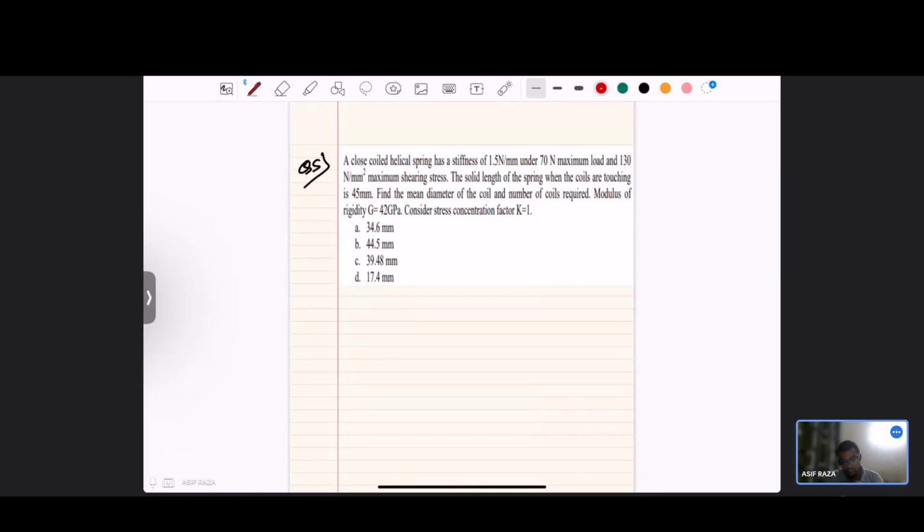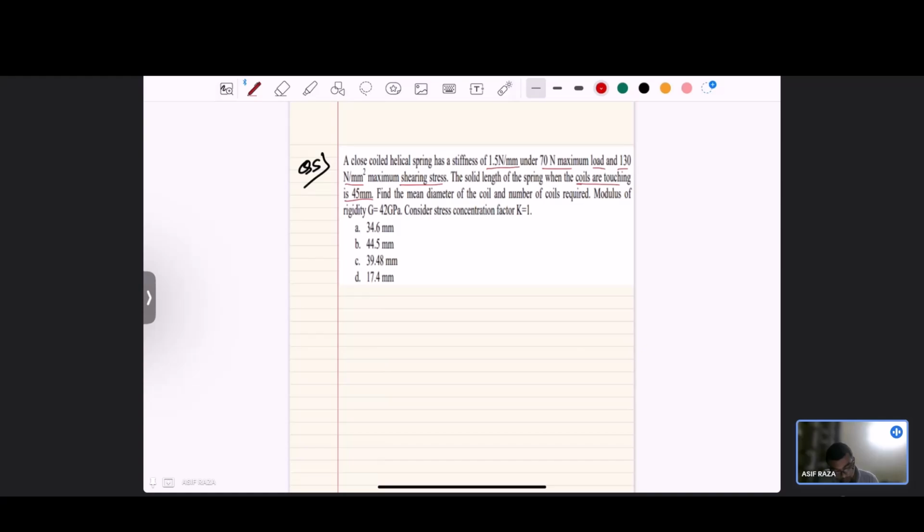Next question. A closed coil spring has a stiffness of 1.5 Newton per mm under 70 Newton maximum load and 130 Newton per mm square maximum shear stress. The solid length of the spring when the coils are touching is 45 mm.